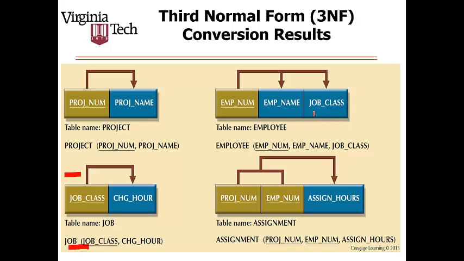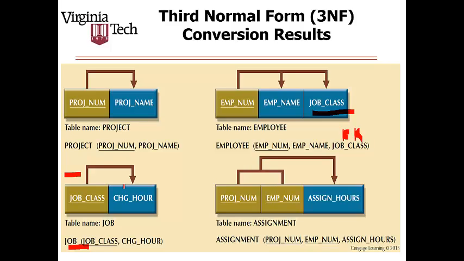But we maintain in employee the job class attribute so that we know what job class an employee is in. Job class in employee is a foreign key, FK, into job. And so that's what we do to get into third normal form.